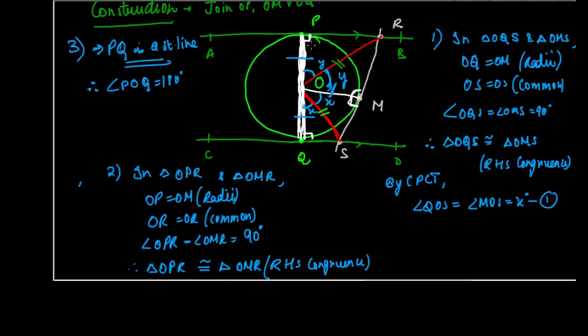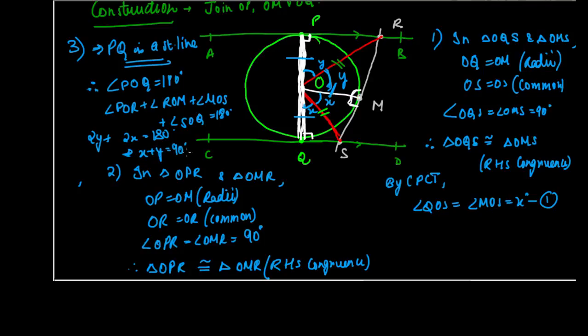And what is POQ? Angle POR plus angle ROM plus angle MOS plus angle SOQ. This is 180 degrees. So y plus y, 2y, plus x plus x, 2x, equal to 180 degrees, which implies x plus y equal to 90 degrees.